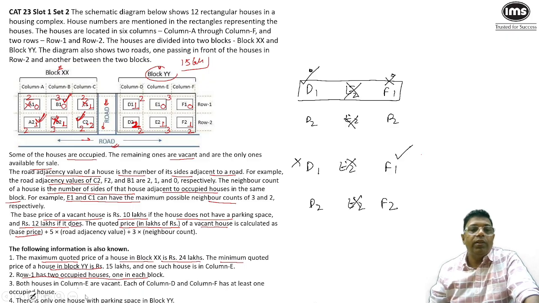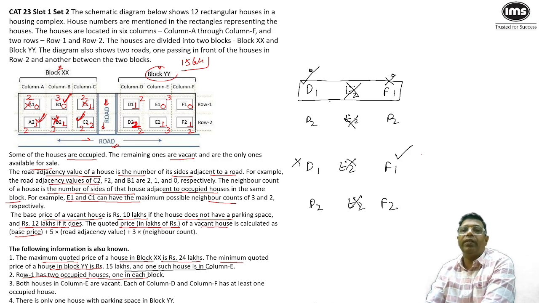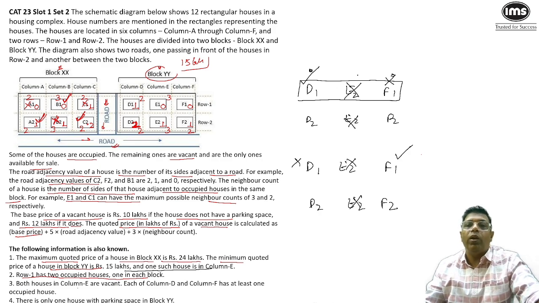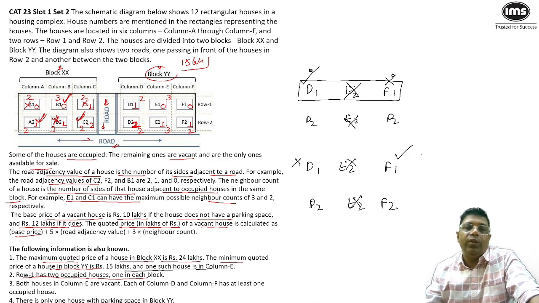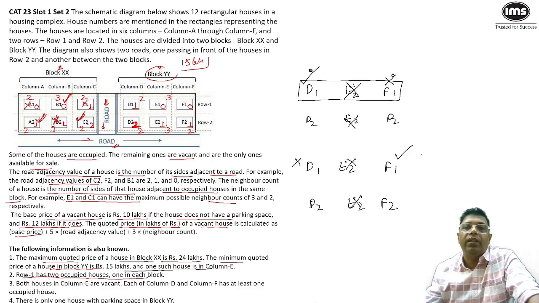Now it says one such 15 lakh house is in column E. So let us try to see in this scenario what could be the potential price of E2. And it also says that there is only one house with parking in block Y. So only 12 value we can take. So let me just try to talk about E1, E2.